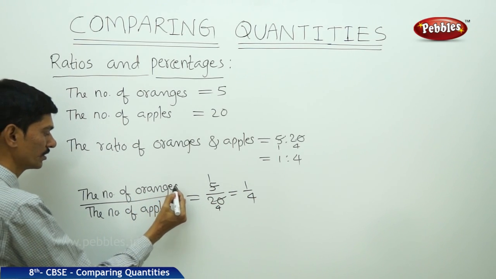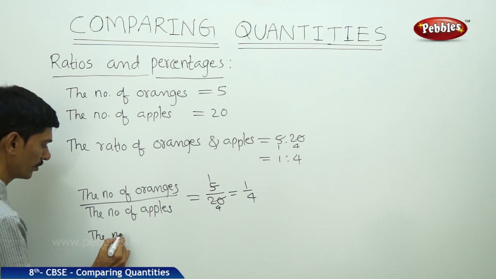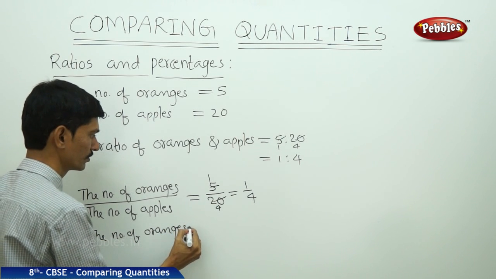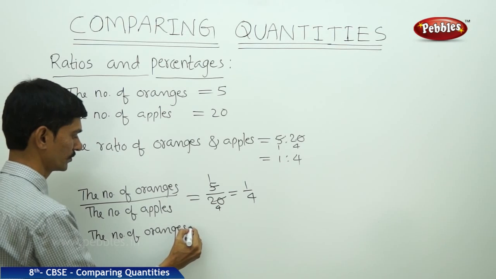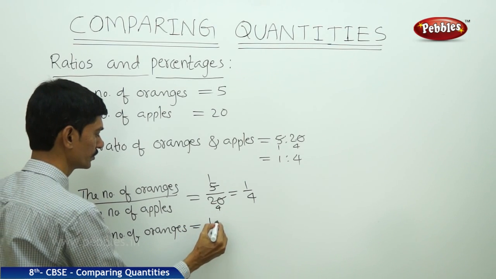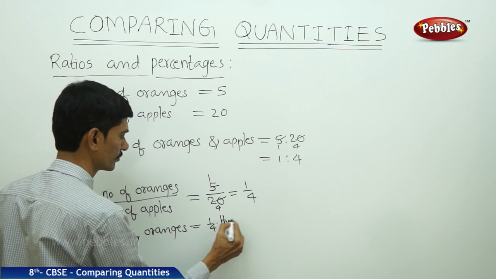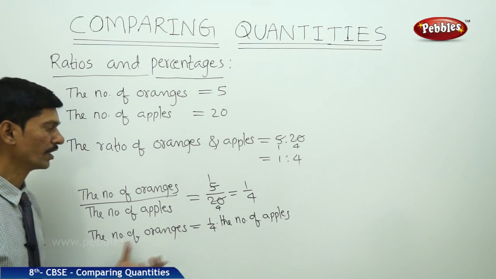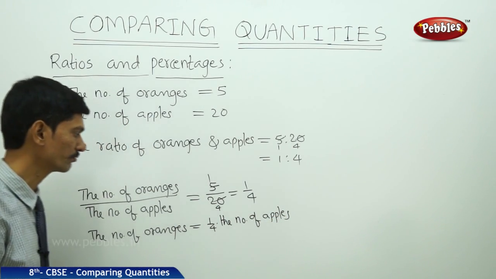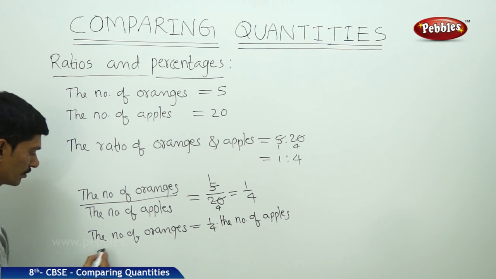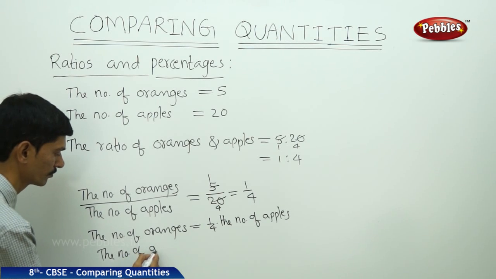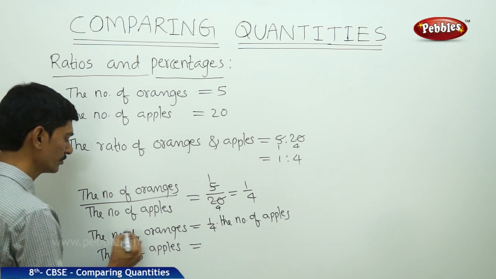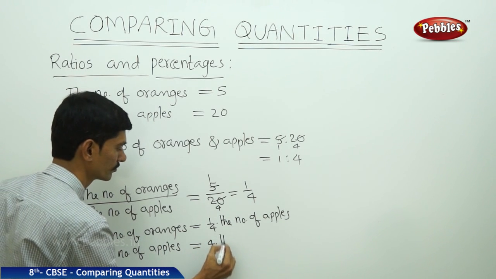Then we can write this as the number of oranges equals 1/4 into the number of apples. Means the number of oranges is 1/4 the number of apples, or we can write this as the number of apples equals 4 into the number of oranges.